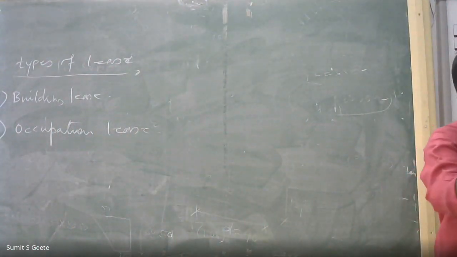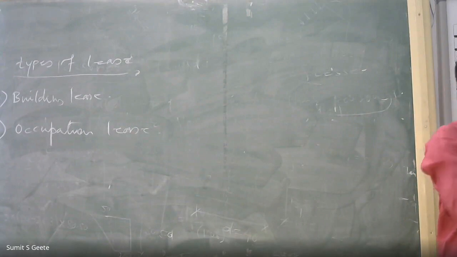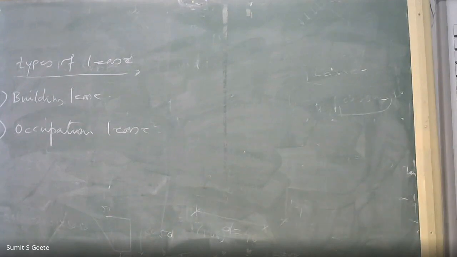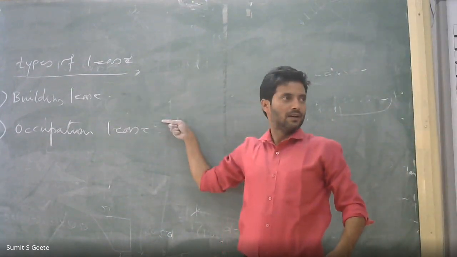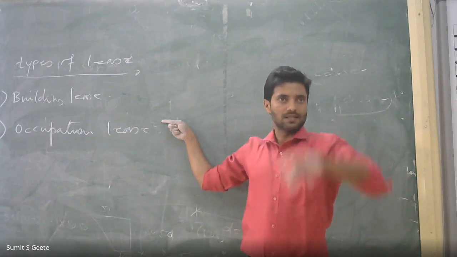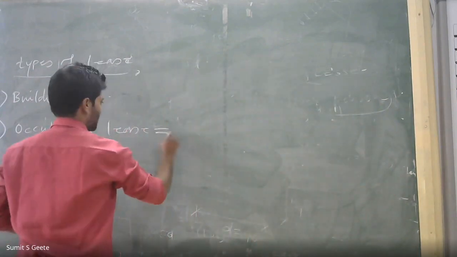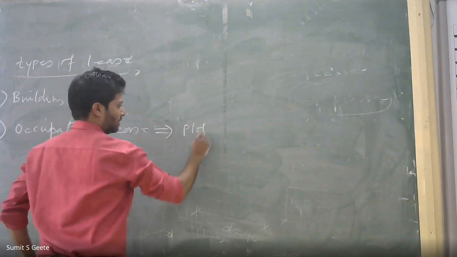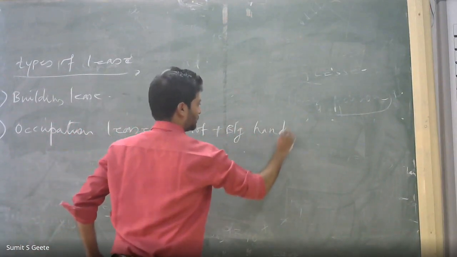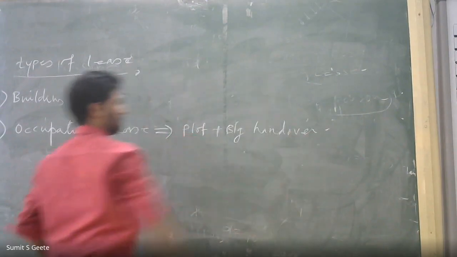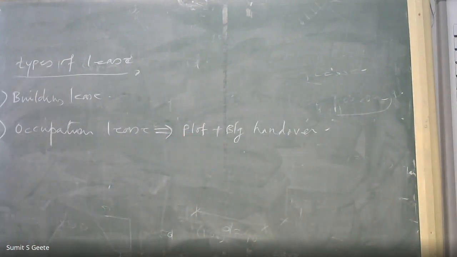Means the owner of the property constructs the building and the building itself is handed over to some other person. यहाँ पे क्या था? Vacant plot. यहाँ पे क्या है? Plot plus building. So in this case, plot plus building is handed over.